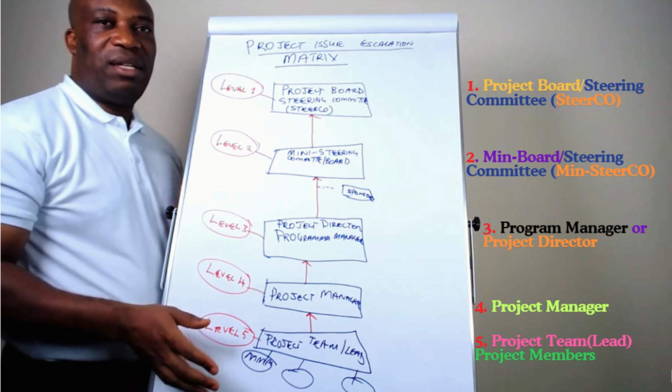Then you also have your project director, program manager, and then the next level is the project manager, which is you. Then below the project manager, the next level you find is the team manager or the team leads in general. After the team leads, you now have the team members. This is now the last structure, and it contains mostly a number of members as compared to other levels.